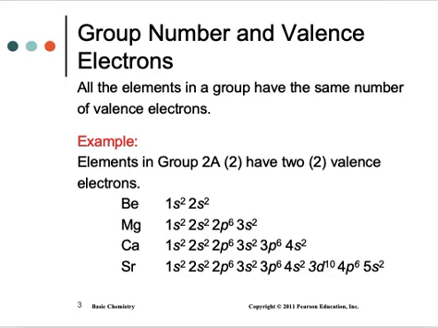Okay, so for instance, let's look at just group 2 electrons. The electron configuration of beryllium ends with 2s2. Magnesium ends with 3s2. Calcium with 4s2. Strontium with 5s2. Since they have similar numbers of valence electrons, we're going to see that they have a similar chemistry.